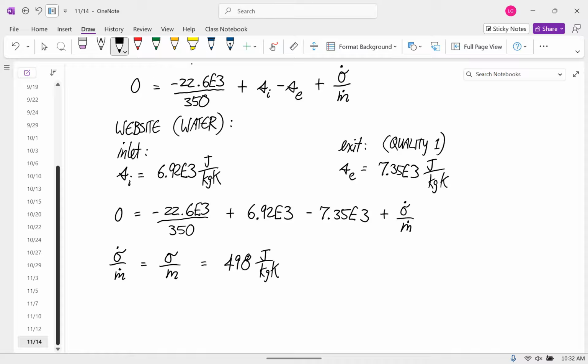Okay, so this is a number that you could try to reduce by making it more efficient. And also this says that this process is physically possible because this is greater than or equal to 0.